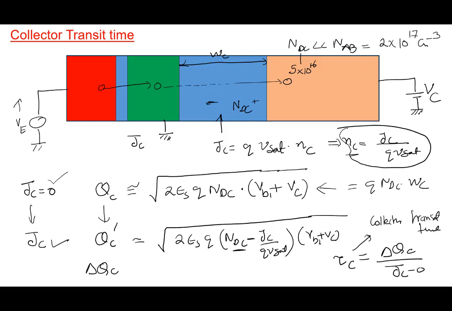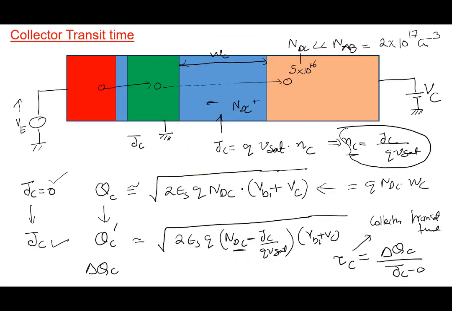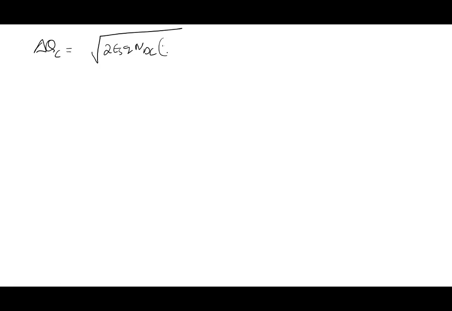So let's calculate that. Delta QC is square root of 2 ES Q NDC times VBI plus VC, minus square root of 2 ES Q NDC minus JC by Q V sat, times VBI plus VC.